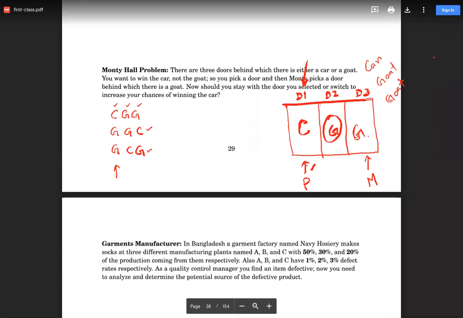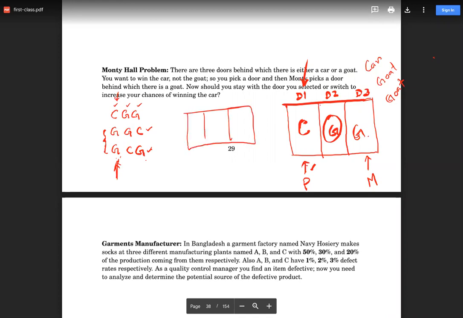So let's see, the first one has a goat. That means you're restricting yourself to these 2. The top one cannot happen if you have a goat behind the first one. So if you select this, then Monty is going to select either the third door or the second door. Now the problem boils down to this.